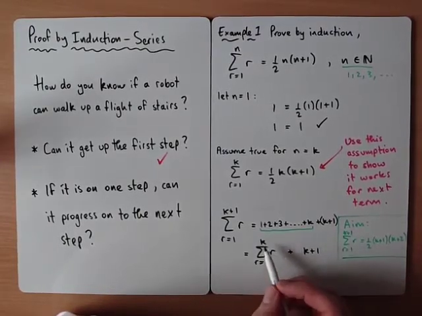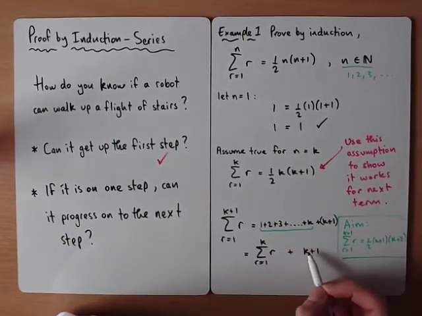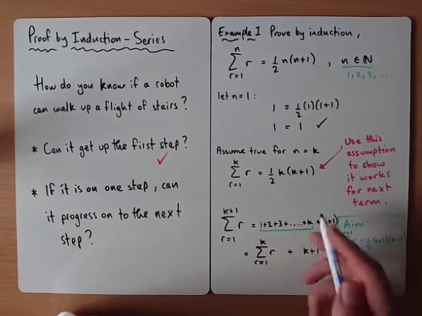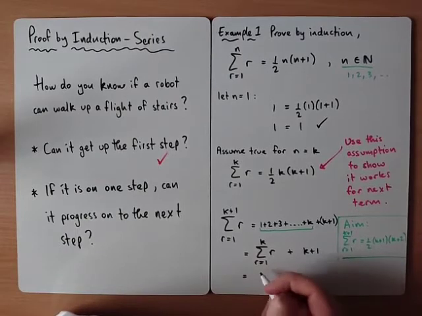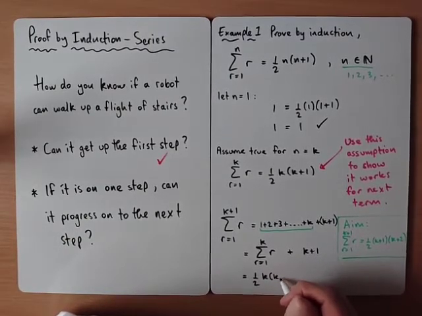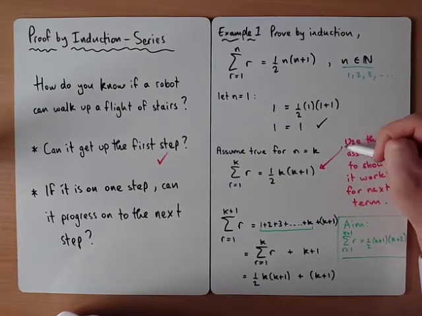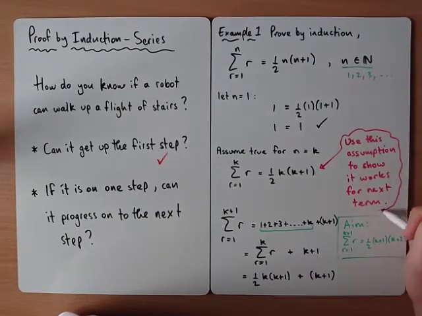So by realising that the sum of k plus 1 is the sum of k plus the next term, that allows us to use this result. So we could write it as 1/2 k plus 1 plus k plus 1. Remember what I said at the beginning, we want to use this assumption.